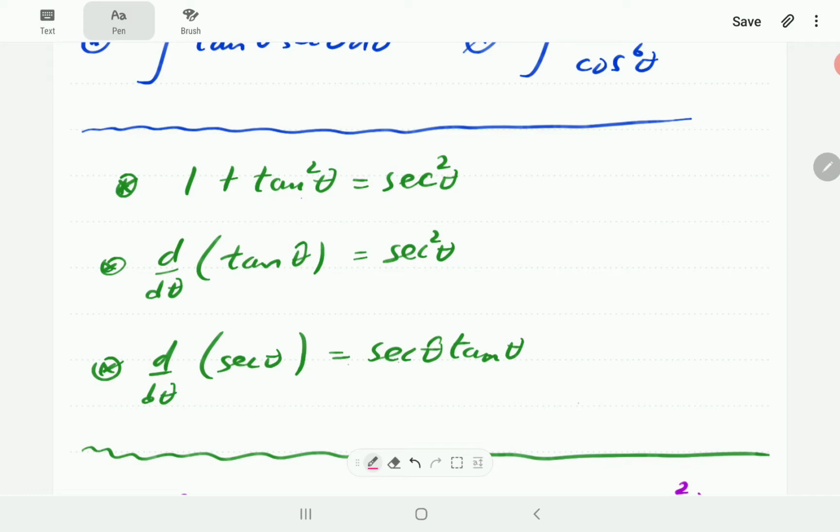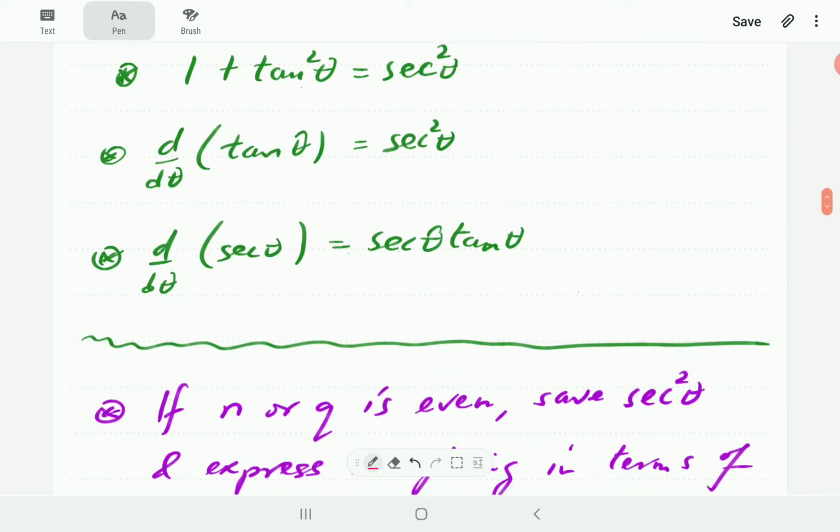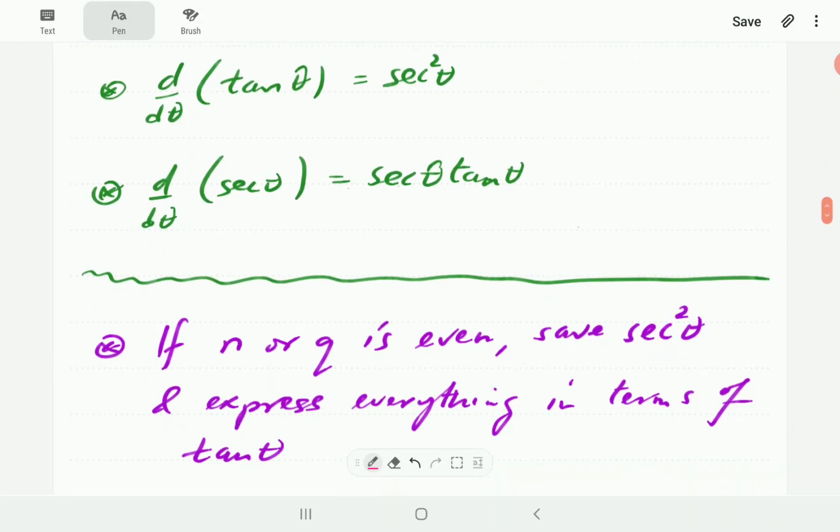Now, in terms of the methods or the guidelines of integrating these, mainly we'll be looking at whether we can save a secant squared. If we can, then we look to write everything in terms of tangent. If we can save a secant tangent, then we look to write everything in terms of secant.